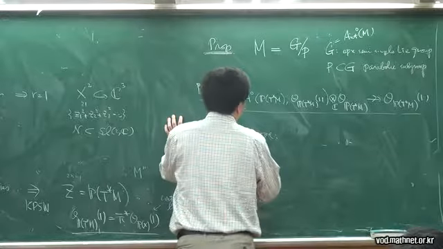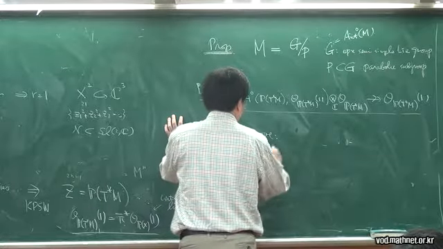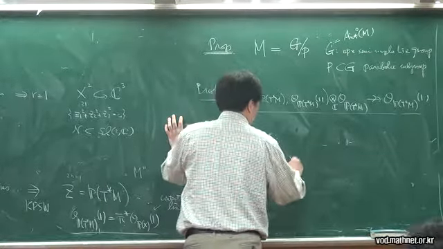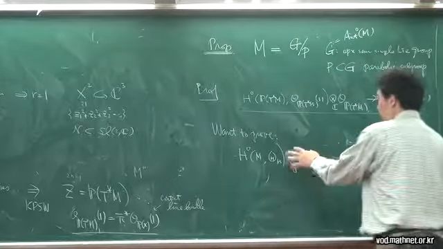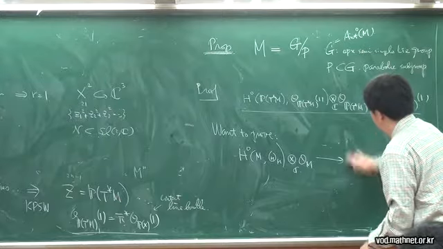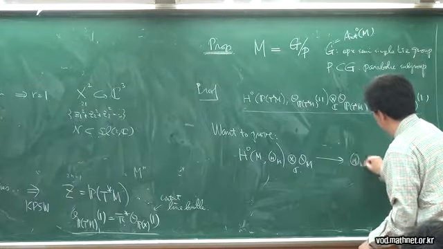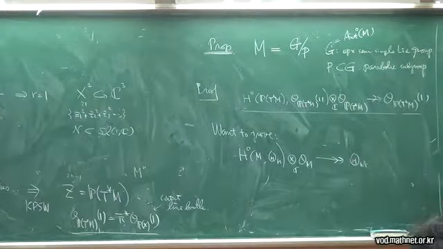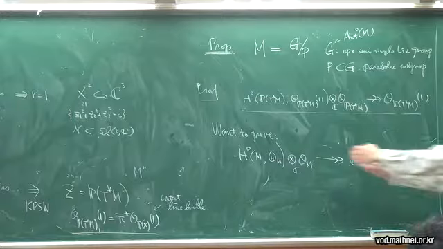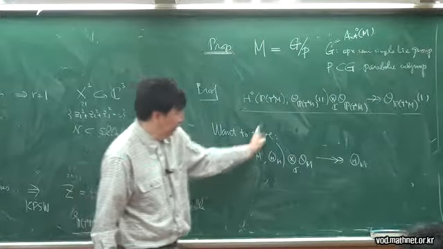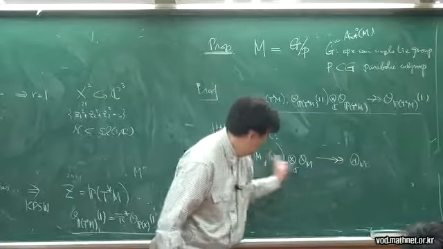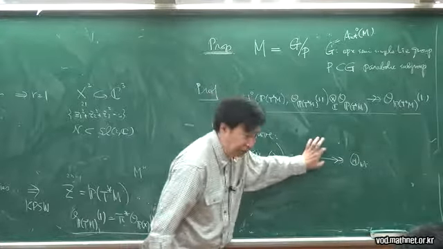On M, there is a natural map theta M. This is surjective. Yes, there is a natural map, because if you take a global section, then this is a natural map.